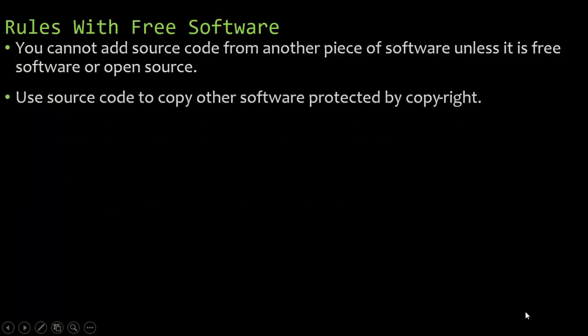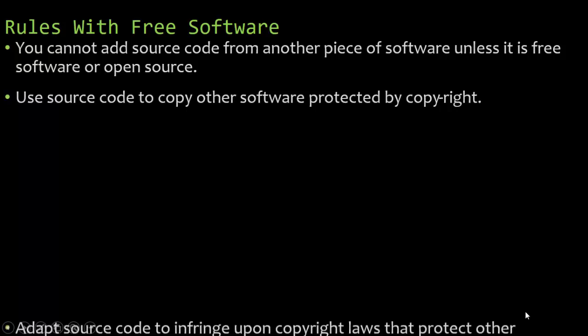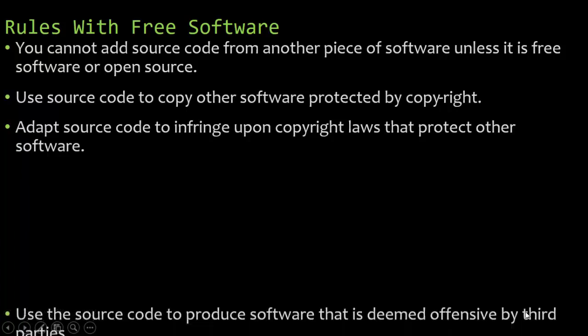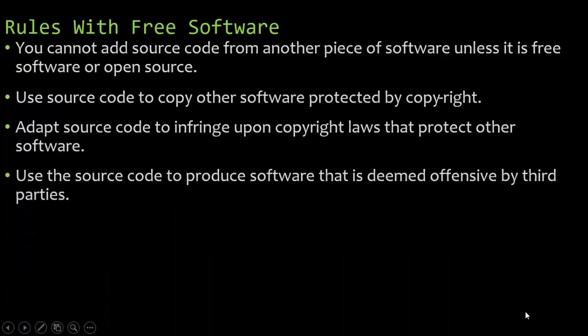You cannot use source code to copy other software protected by copyright, which is what we were just talking about. You cannot adapt source code to infringe upon copyright laws that protect other software, and you cannot use the source code to produce software that is deemed offensive by third parties. If it's deemed offensive by third parties, you should not be using it.